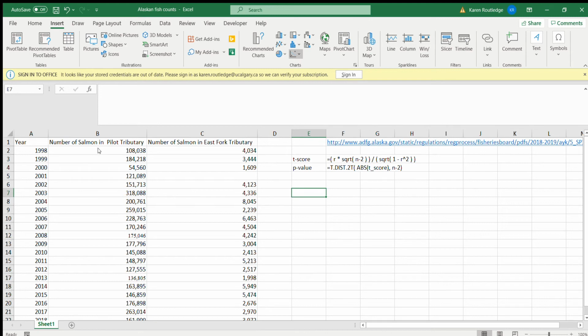I do not know how this number of salmon corresponds to that year. Is this a total number of salmon in a year? Is this the maximum number of salmon in that year? Is it the number of salmon during a fall spawning run, but maybe not the rest of the year?